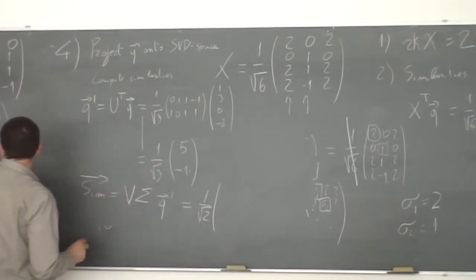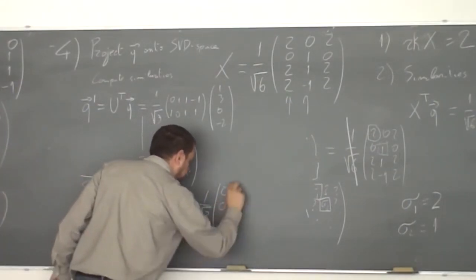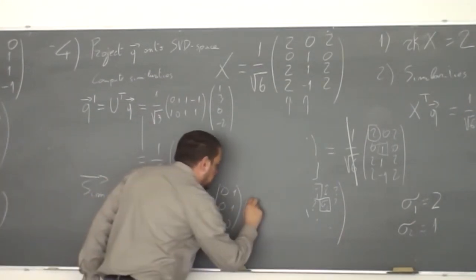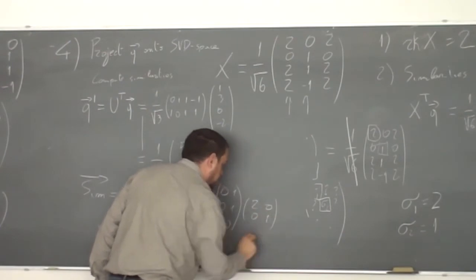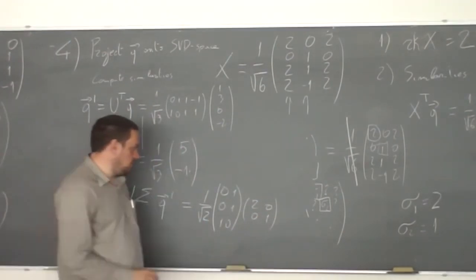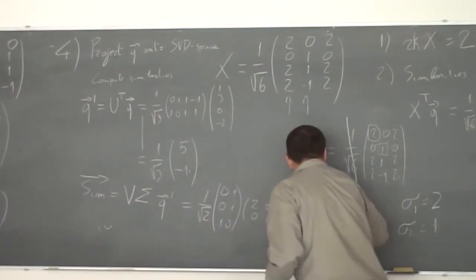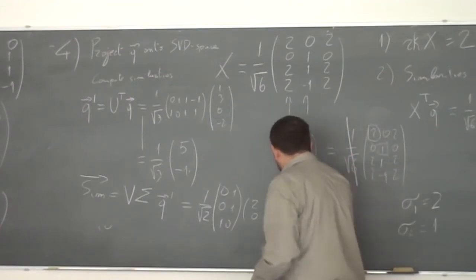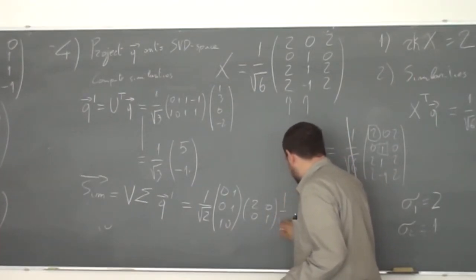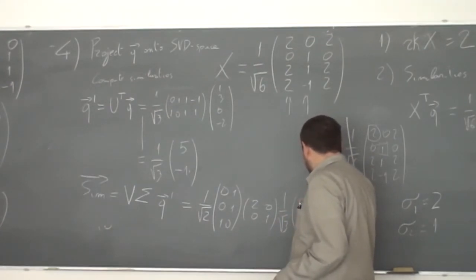V is 1 over square root of 2 of 1, 0, 0, 1, 1, 0. Sigma is 2, 0, 0, 1. Our query Q is 1 over square root of 3 times 5, minus 1.